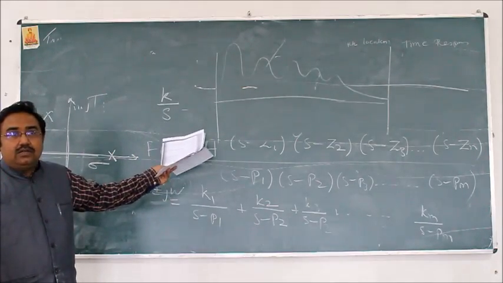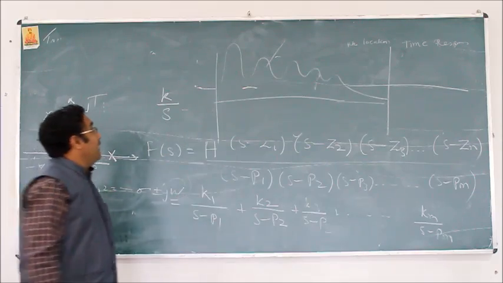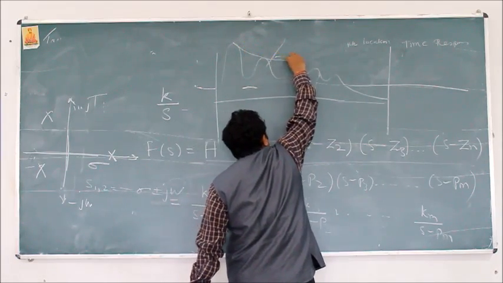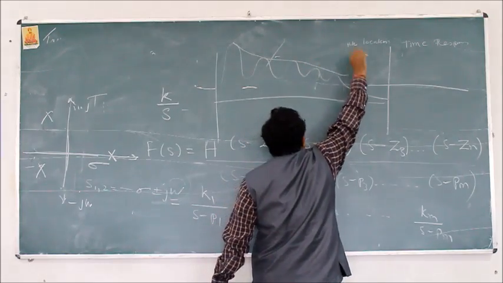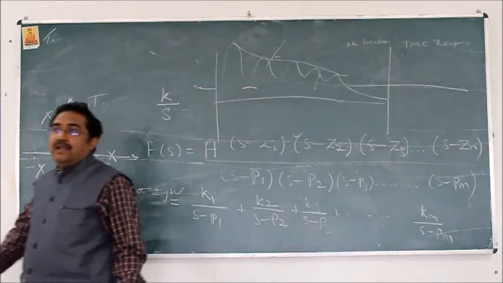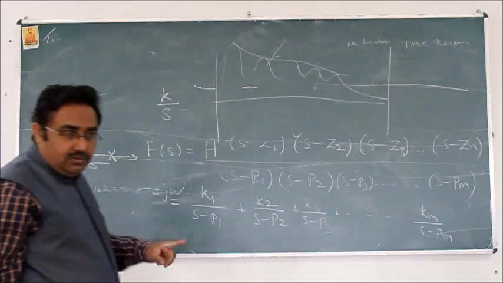Oscillations are there, is it not? But what happens to the oscillation? Exponential decrease. If you join the peak to peak values, what do you find? They are decreasing exponentially. Are you getting my point?